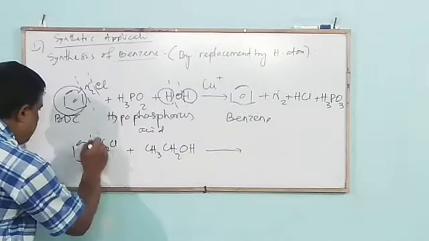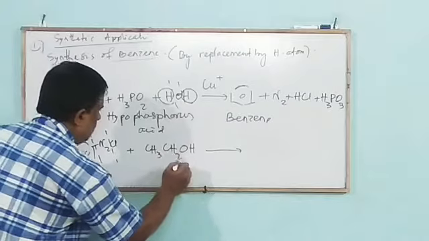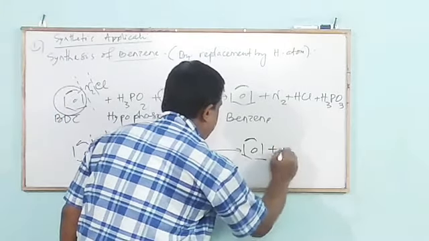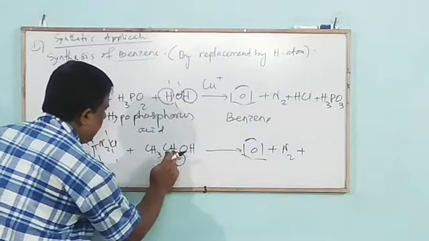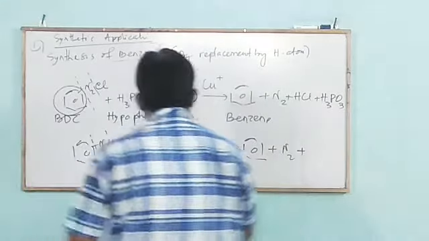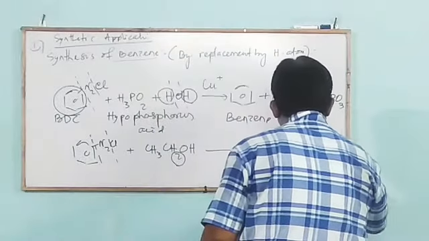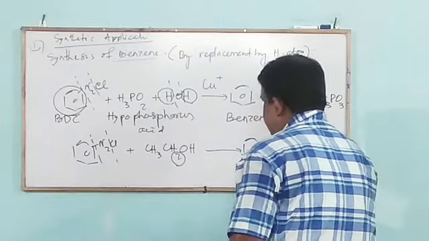Here again this part breaks. One H comes here to form benzene plus N2. The remaining is CH3CHO.